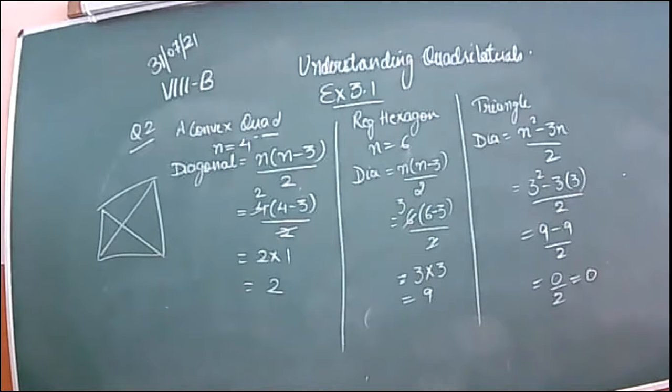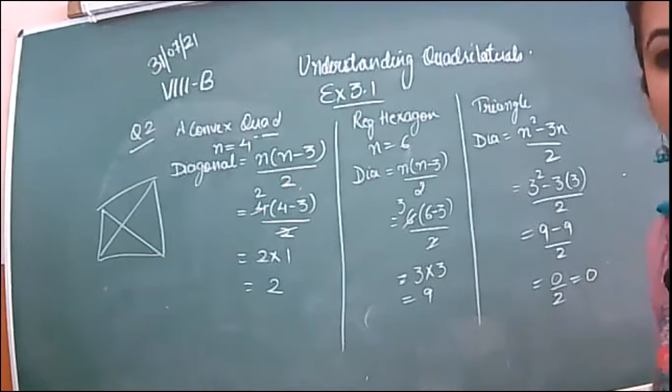Sum of all the exterior angles of a quadrilateral is 360, that we have already written. Now by using this, we can get the value of one exterior angle. Can you tell me how you will get the value of one exterior angle? Can you frame the formula?